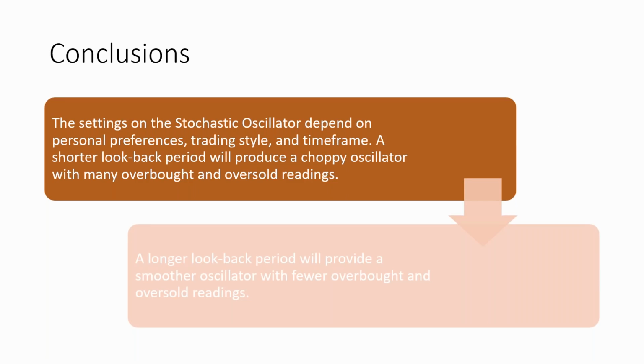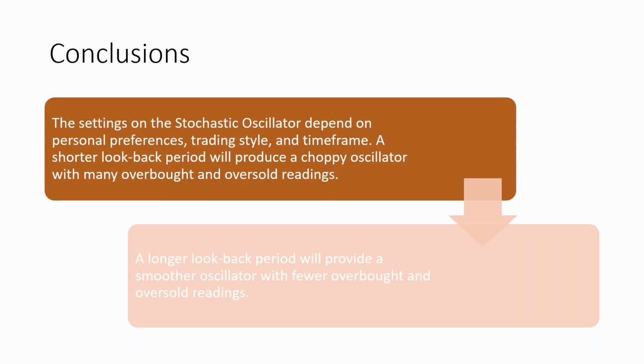The settings for stochastics depend on personal preference, trading style, and time frame. But remember, the 14-3-3 is what it was developed as, and that's the true value. You can modify it as we showed you in the presentation, but a shorter look-back period will produce a choppier oscillator with many more overbought and oversold readings.